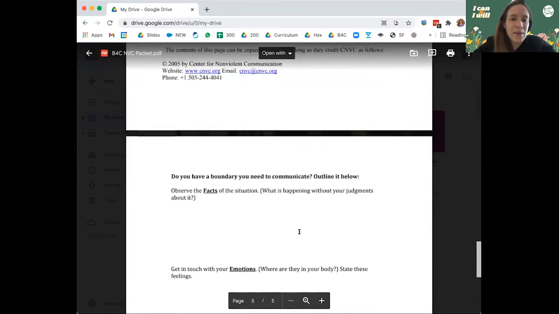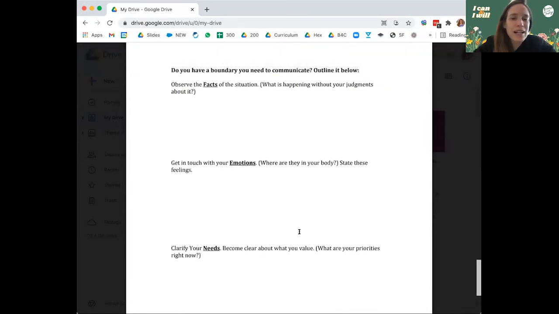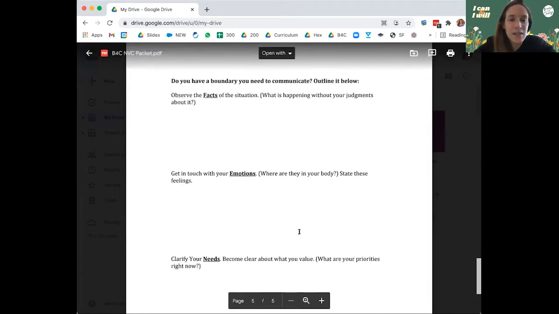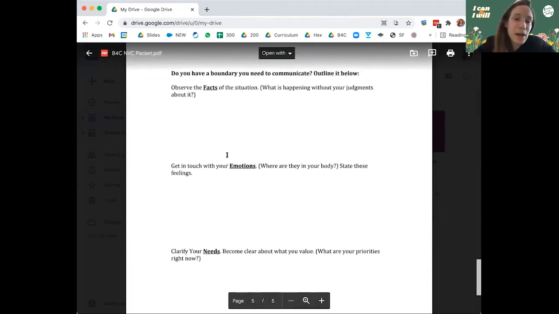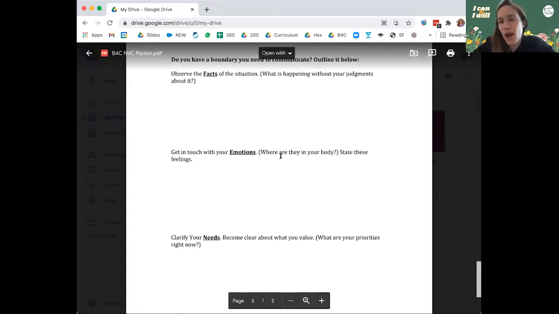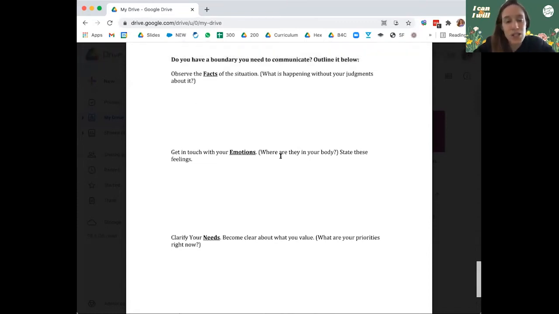And then in this packet, we have a journal reflection that you can invite your students to go through if they're needing to create a boundary, or if something just happened. You can have them first write out the nonviolent communication that they want to do.